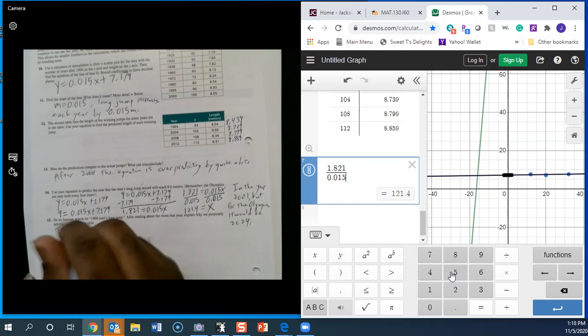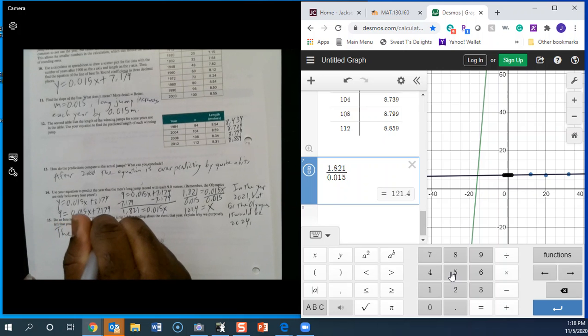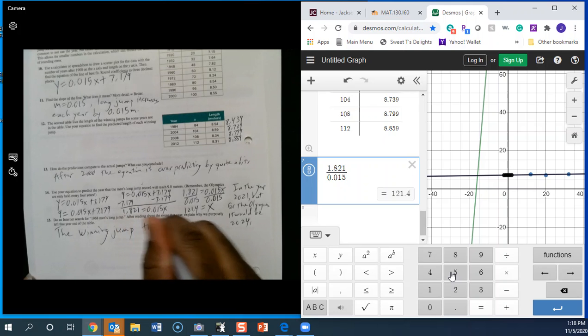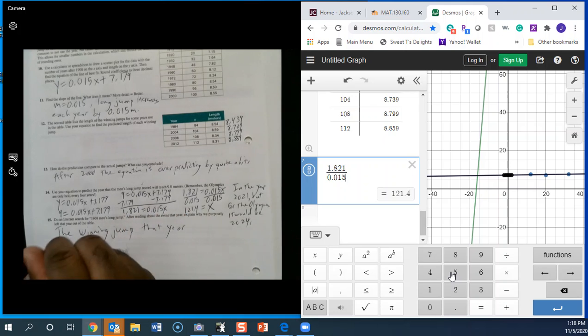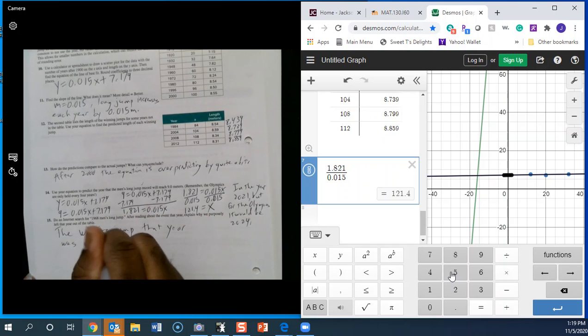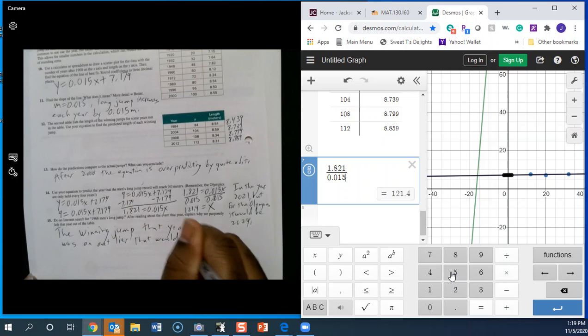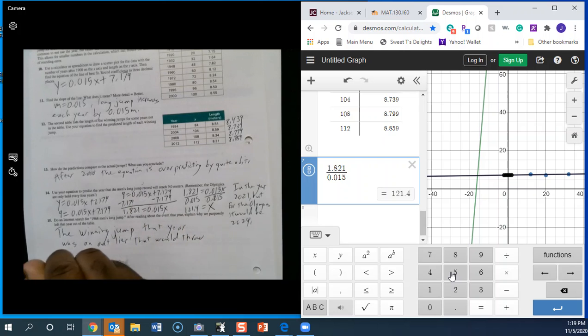The winning, and you can look it up, the winning jump that year was an outlier that would throw off the trend. There'll be an outlier that would throw off the trend because it was so high back in 1968.